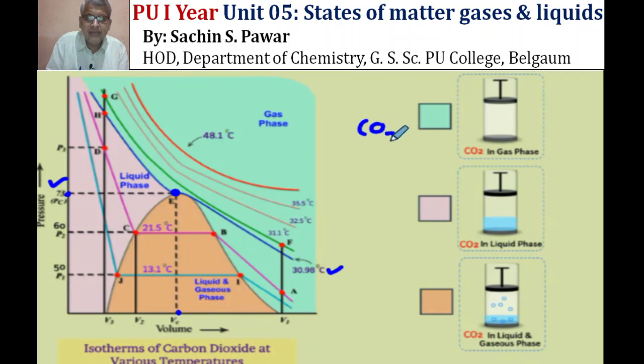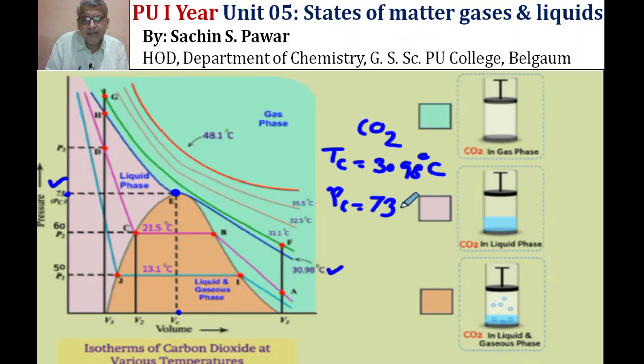For carbon dioxide, critical temperature is 30.98 degrees Celsius, critical pressure is 73 atmosphere, and critical volume is to be found out. In my notes I have given you the list of all the critical temperatures and pressures for different gases.